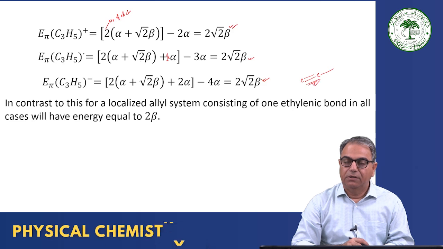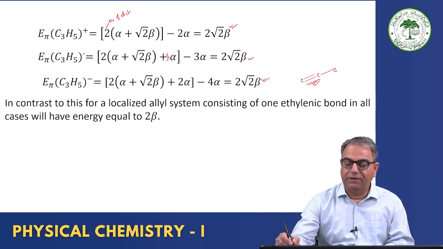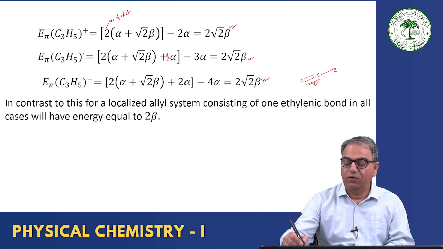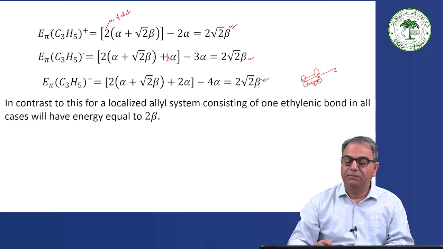But if you have a delocalized system, where these 2 electrons, instead of being restricted to the 2 carbon atoms, are delocalized over the 3 carbon atoms, what you get is an energy of 2 root 2 beta.